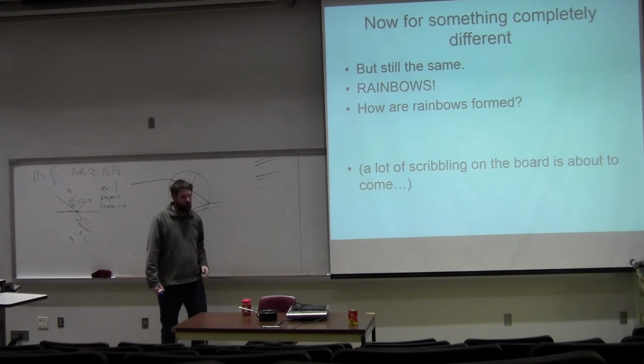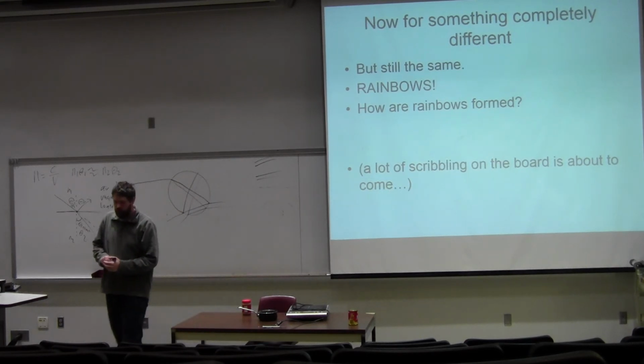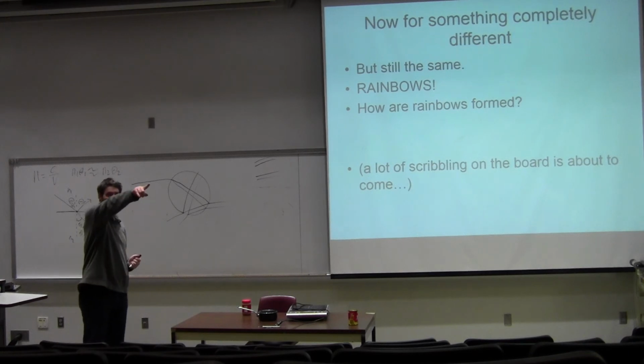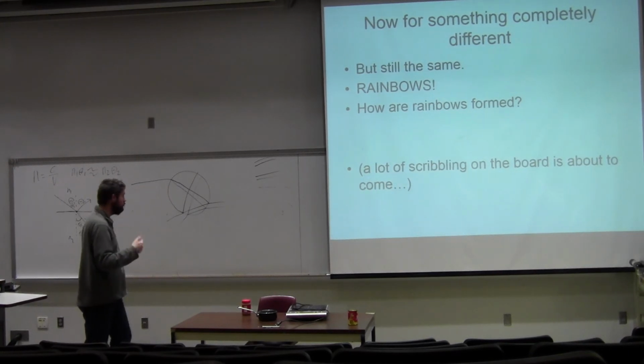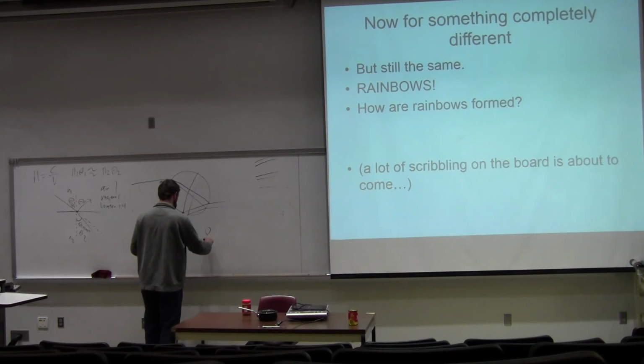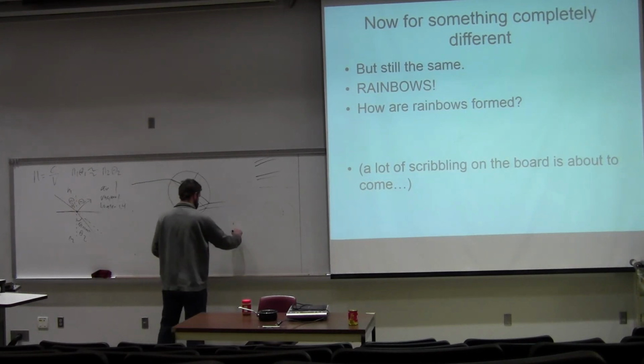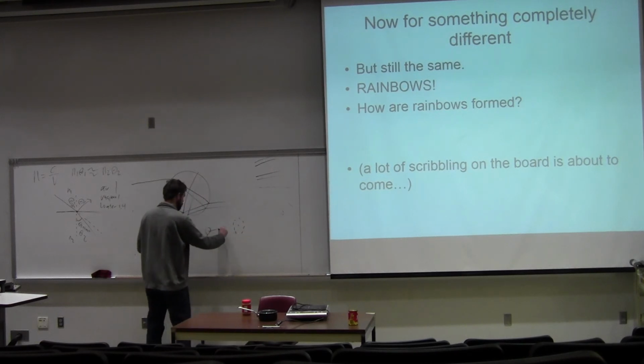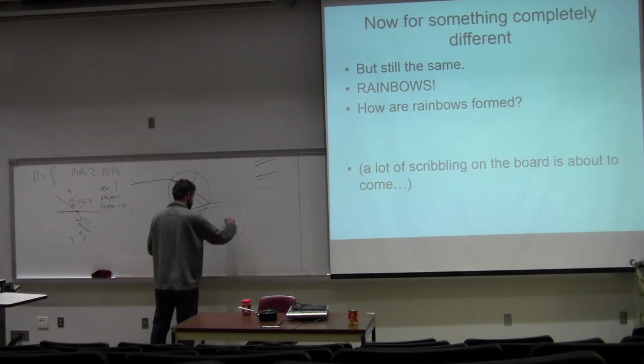Usually you get the rainbow when you're looking away from the sun, so that the light from the sun hits the droplets and comes back to you. So that's usually how you see the rainbow, when you have the light source behind you. So if I have my sun back here, and I'm standing here, and there's some water drizzle over here, and I look this way, I will see the rainbow.